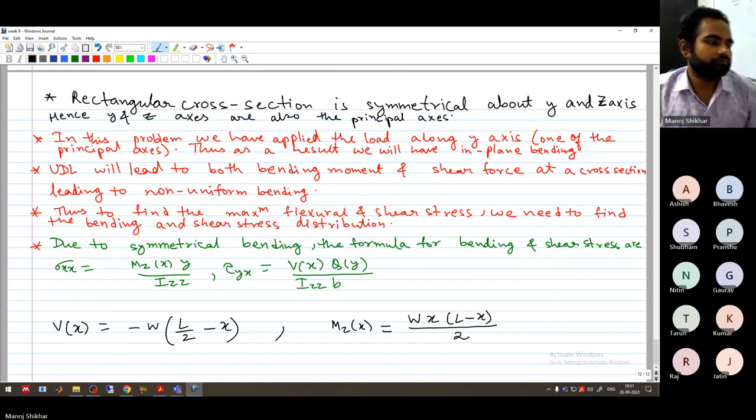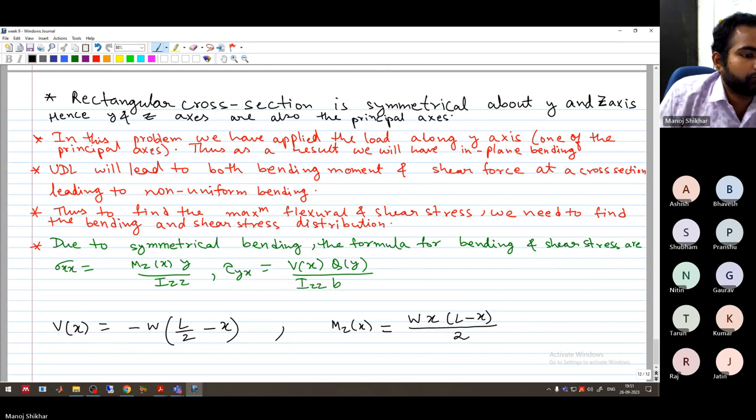From these, we can find the maximum values of Vx and Mx.